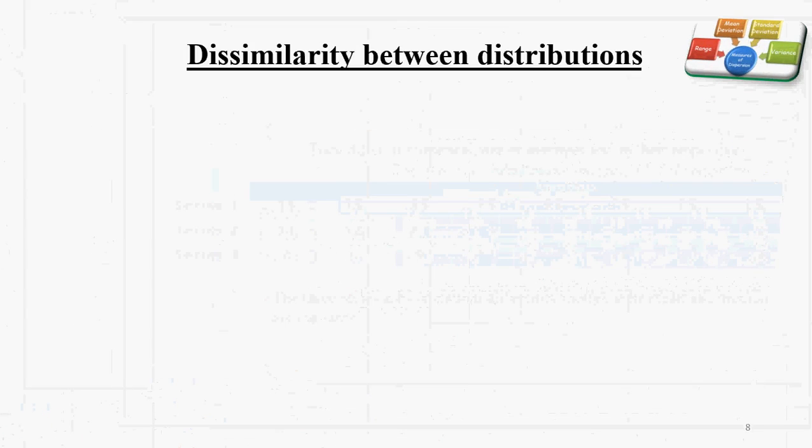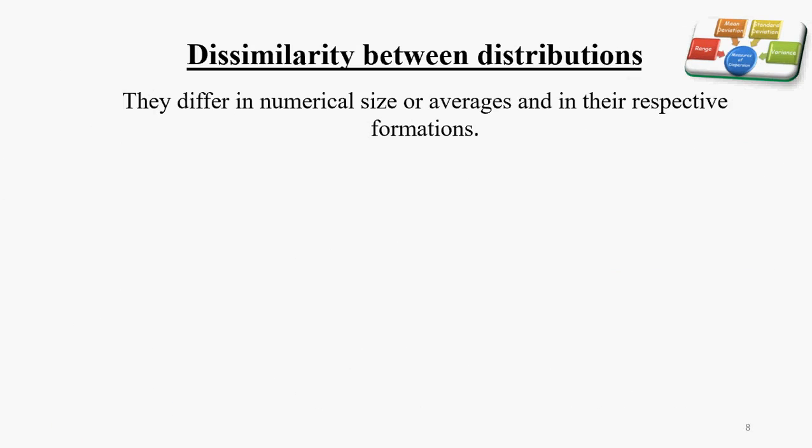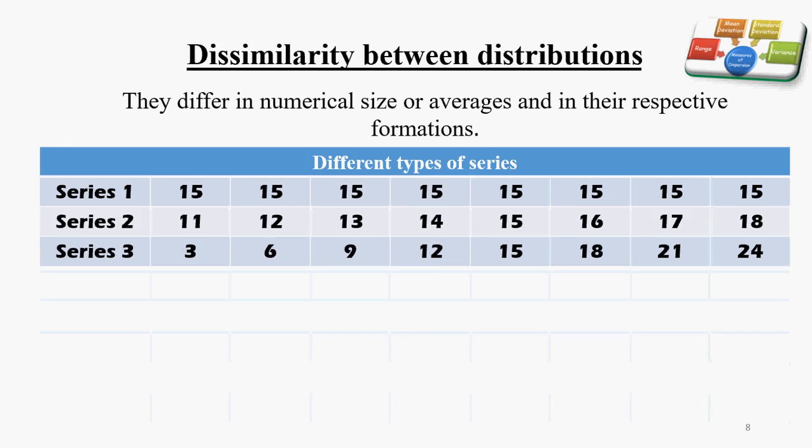Now, what is the dissimilarity between distributions? They differ in numerical size or averages in their respective formation. So numerical size variation is there when compared with averages when the formation is being made. So this is the first dissimilarity, as we can take the different types of series 1, 2 and 3.